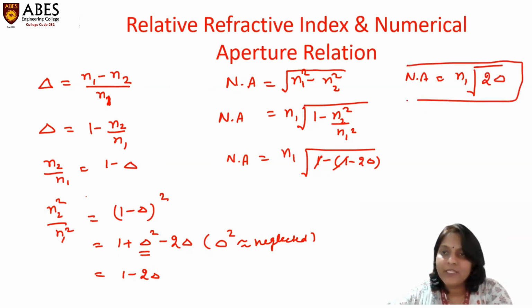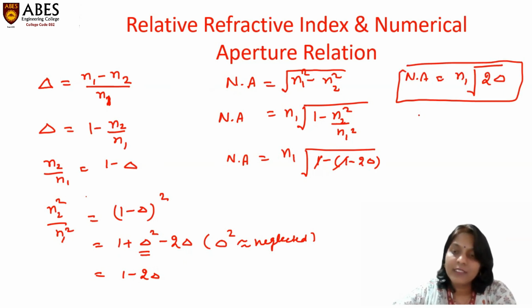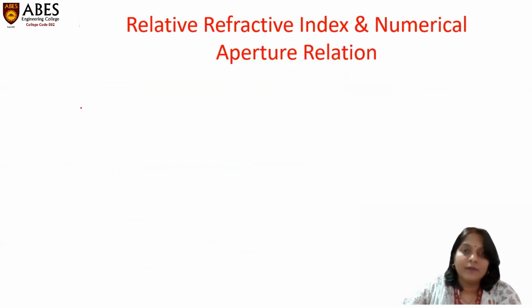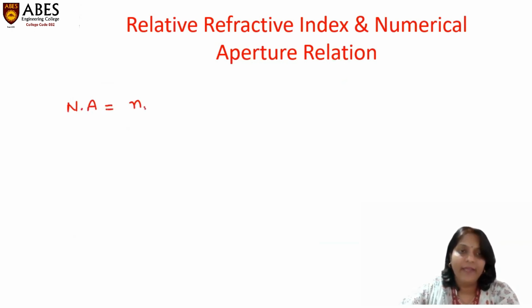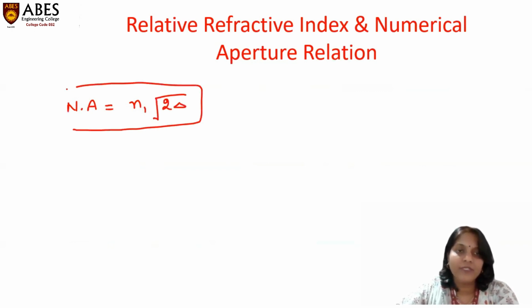So this is the third formula for the numerical aperture: numerical aperture is N1, the refractive index of the core, times the square root of 2 delta. Delta is the relative refractive index, N1 minus N2 upon N1. So the final relation between relative refractive index and numerical aperture is NA equals N1 times the square root of 2 delta. This is our result.